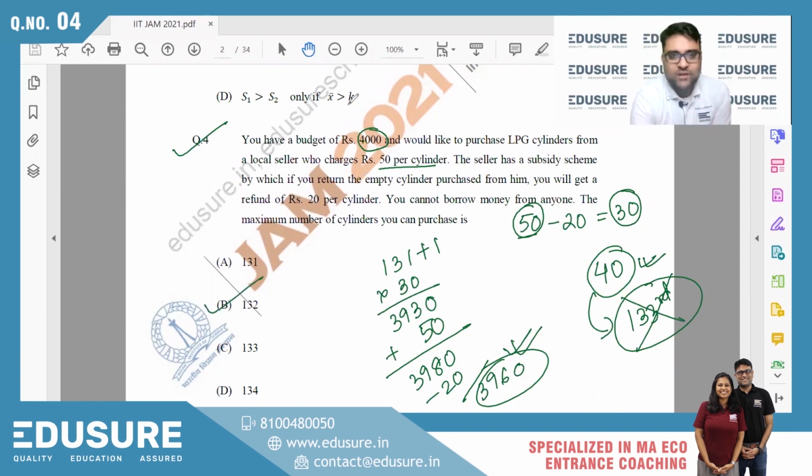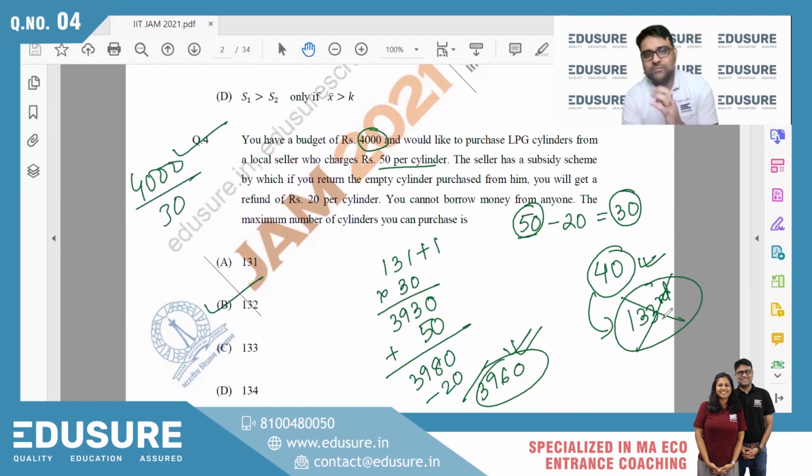Many of you have marked 133. Not good. What did you do? You directly did 4000 divided by 30. You did not check whether it is possible that the 133rd cylinder can be bought. It cannot be bought because I have only 40 rupees in my pocket. I cannot buy the 133rd cylinder.